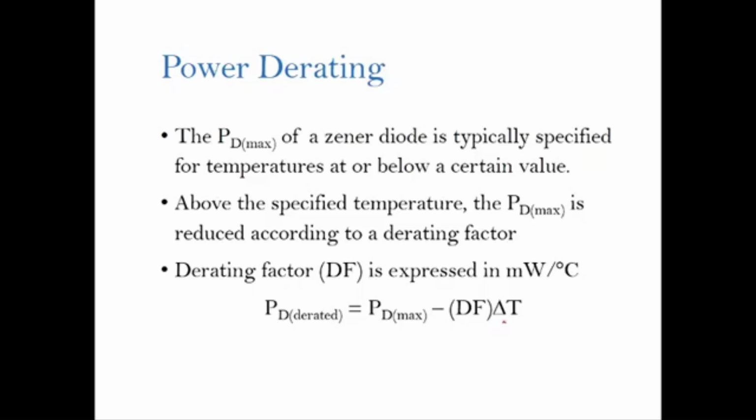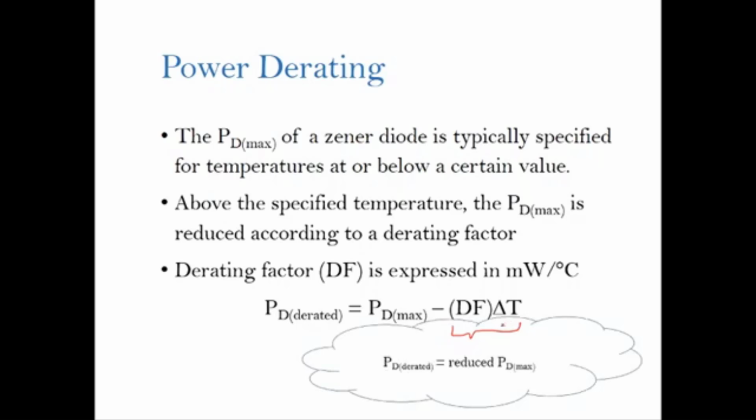So the derating factor refers to how much the maximum power changes when the temperature increases. That's why we get PD derated equal to PD max minus the derating factor times delta T. In this term, we get how much the change is due to the temperature change.